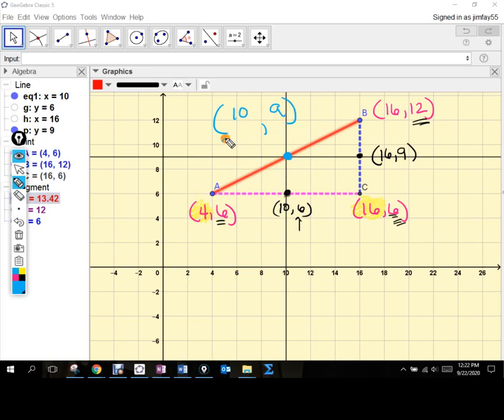But think about how we got that. We took the average of the x's, and then comma that with the average of the y's, didn't we?